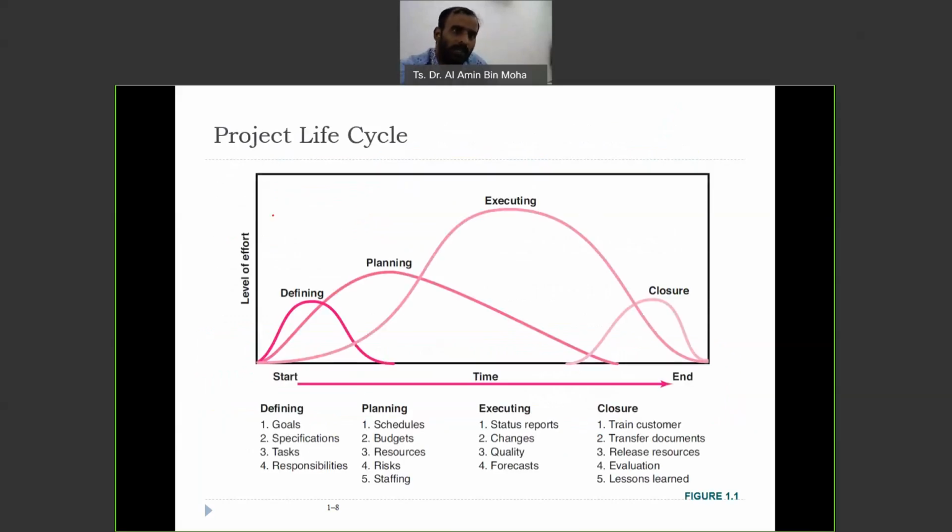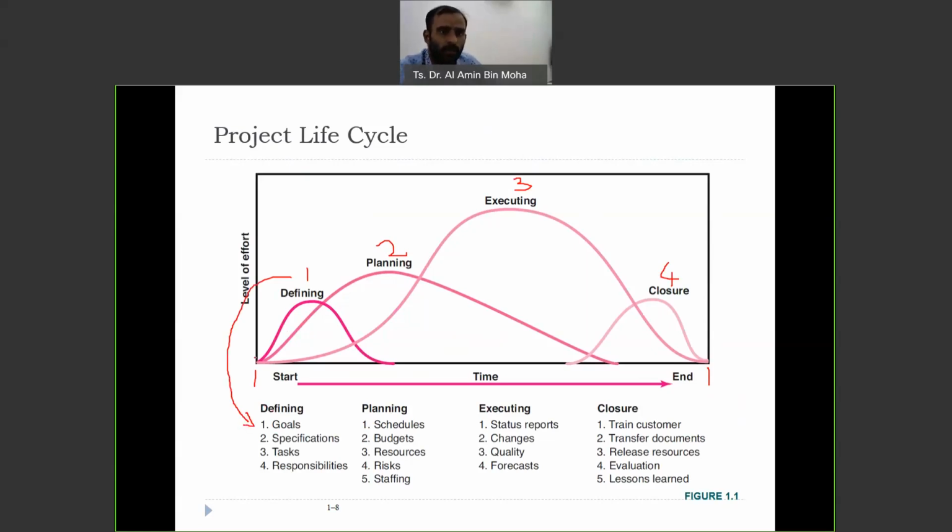So this is the project life cycle. This is an illustration just to give you an overview of the project life cycle. Basically, you start here and end here. You have different phases, but basically we have four phases, and you can see each explanation down here.